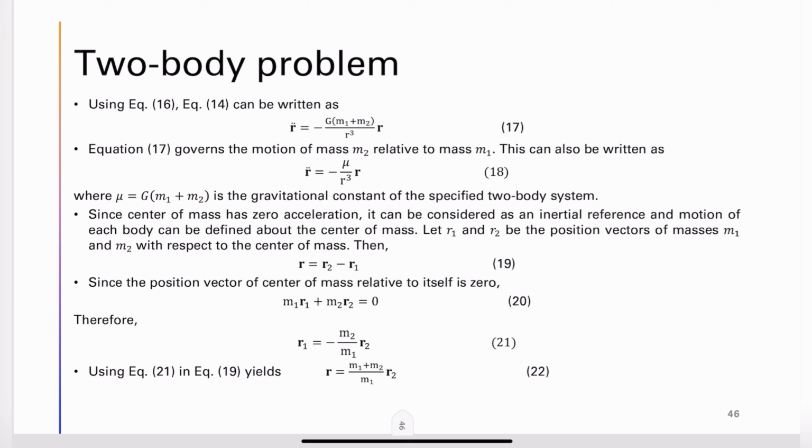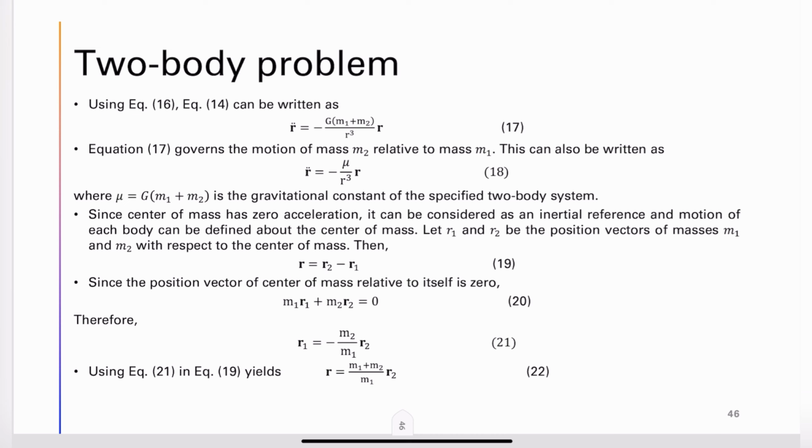Now what we actually want to do is to find the acceleration of mass. If we consider m1 as the primary and m2 as the secondary object, then we are supposed to find the equation of motion, or the acceleration, of mass m2. That is what we are aiming at.